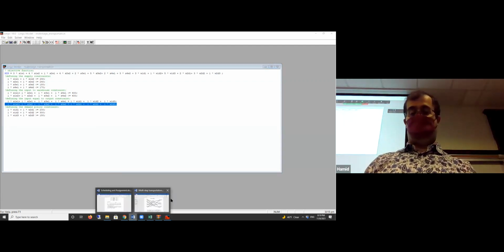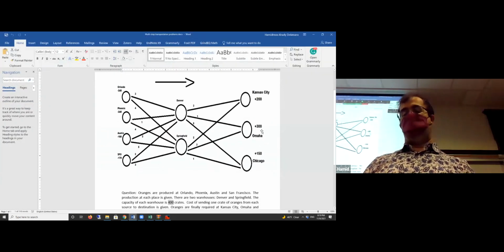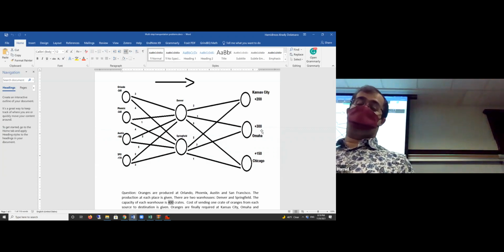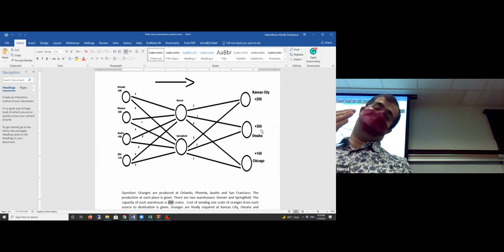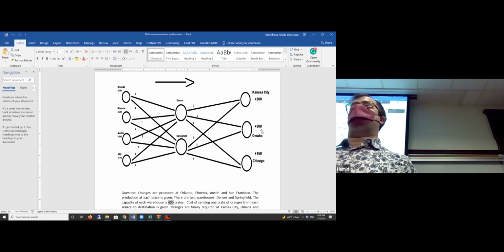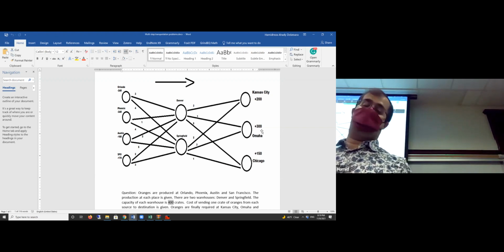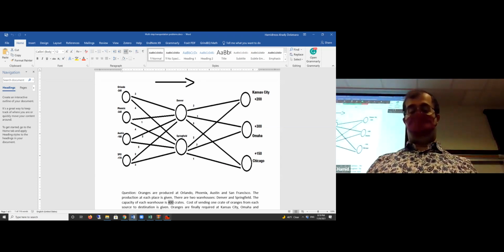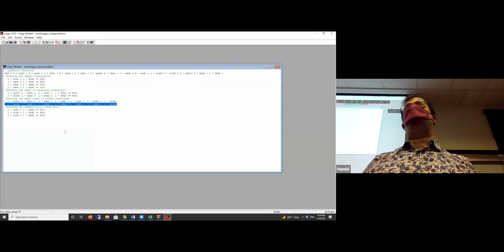If you look here, Omaha is my second demand or delivery point or destination. You can name it as you want. Whatever comes from warehouse 1, which is Denver, plus Springfield, which is warehouse 2, should be more than my demand. I want to fulfill my demand in Omaha. Again, based on your policy, you might sometimes put exactly equal, but we want to at least provide that demand.